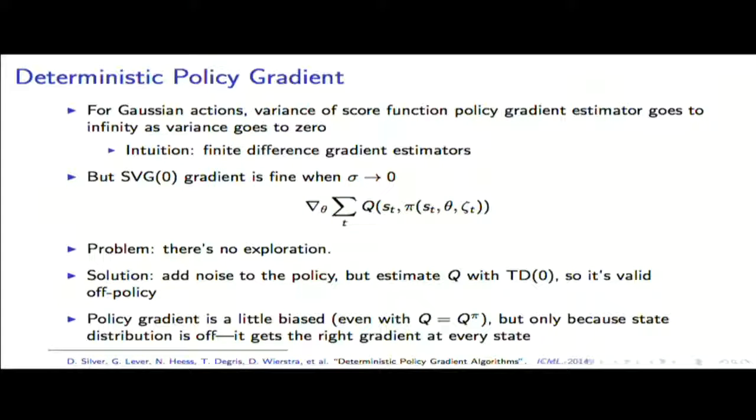And then your policy gradient is a little biased, even if you have the perfect Q function. But it's only biased because your state distribution is off, because you're sampling states from your noisy policy rather than from your noiseless policy. You get the right gradient at every single individual state. So if you have unlimited capacity of your Q function, meaning the states are going to learn independently of each other, then you're going to get the correct policy gradient at every state.